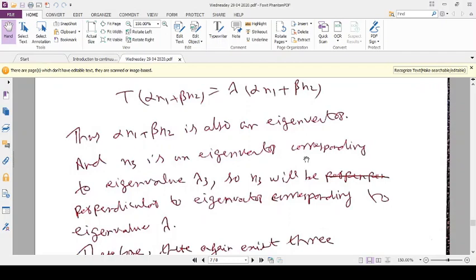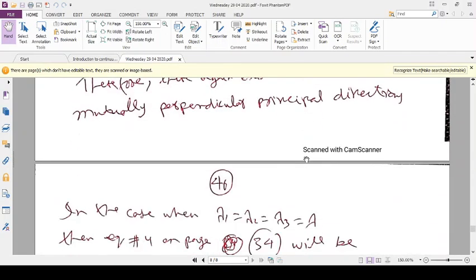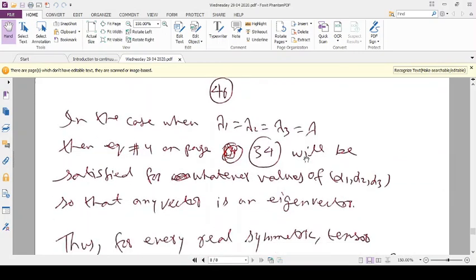Second example. And third case, when all the eigenvalues are repeated. You can see that by using equation 4 on page 34, alpha 1, alpha 2, alpha 3 can have any value to satisfy that system of equations. So any vector is an eigenvector. So we can choose 3 perpendicular eigenvectors, which are basically principal directions. We have seen this in our first example.